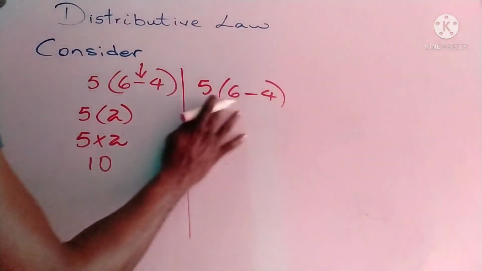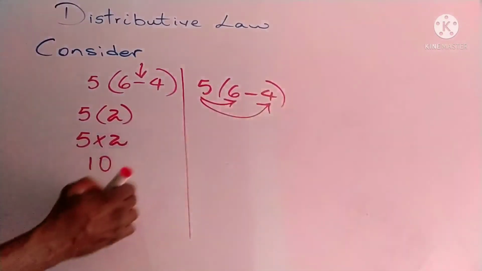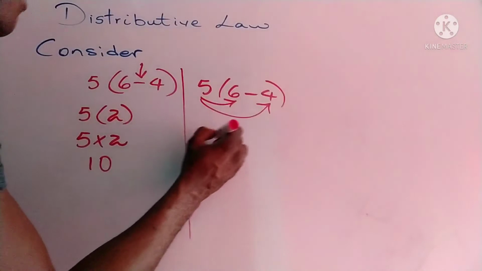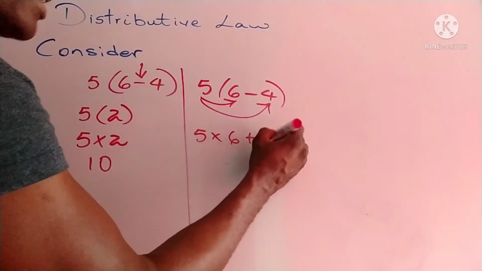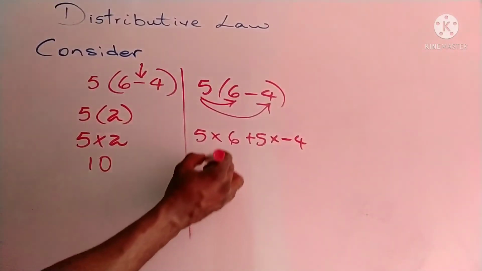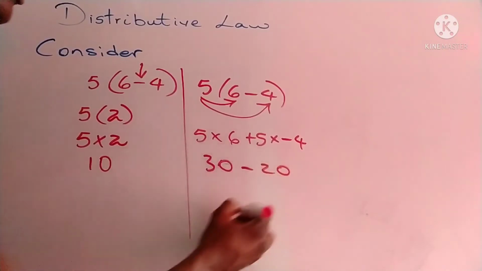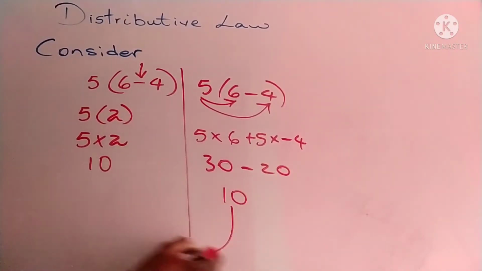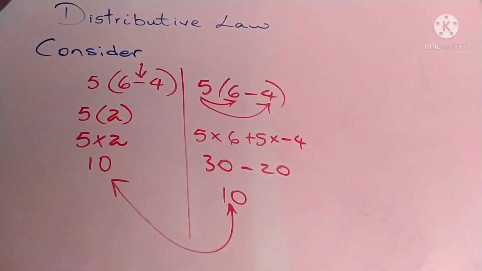Now remember, the distributive property says that you will distribute whatever is outside to everything inside. We're looking at 5 times 6, positive 5 times negative 4, 30 minus 20, and the answer is 10. So we're definitely seeing that the distributive property holds true.